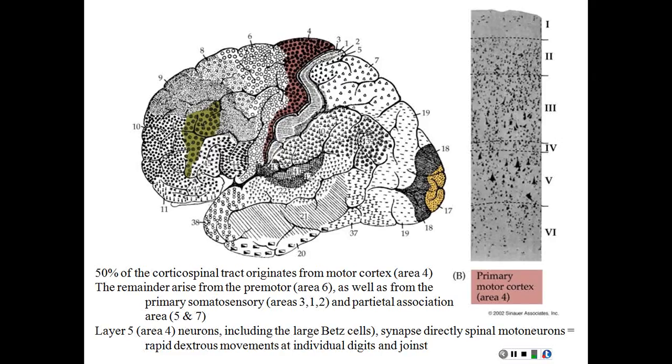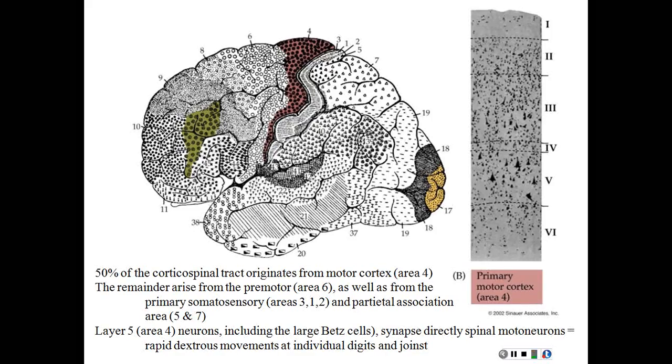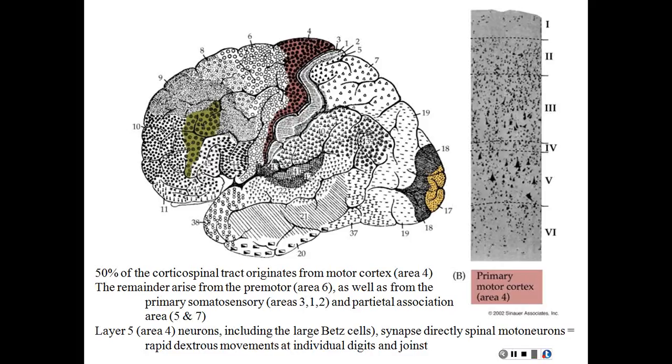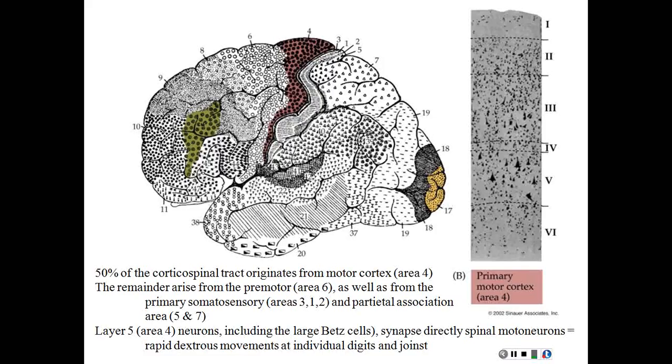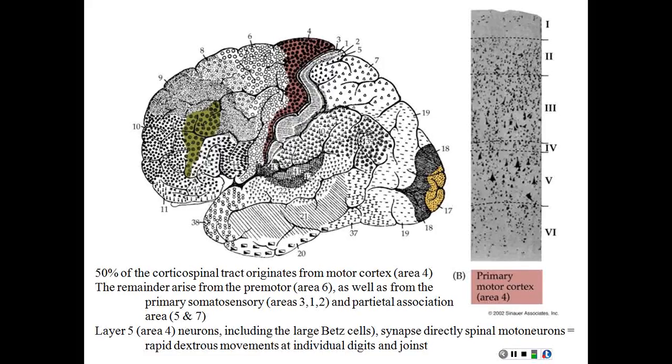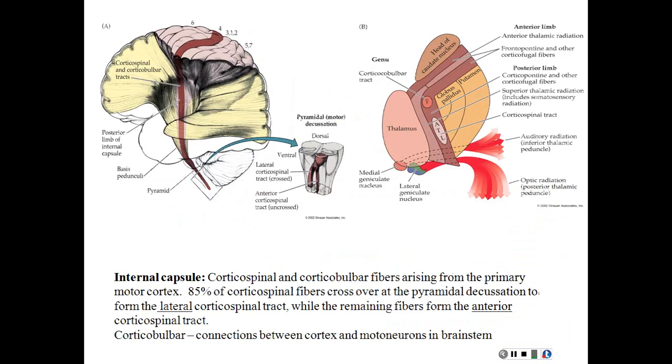And they're only located in layer 5 in the primary motor cortex. And these large motor neurons are driving the precise movement of your hand. Right? That's in fact how important it is. And they make these monosynaptic connections that actually provide for very dexterous movement of the individual digits and joints, and predominantly of the hand.